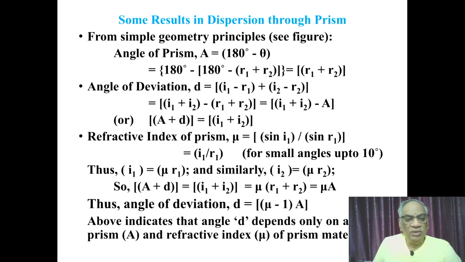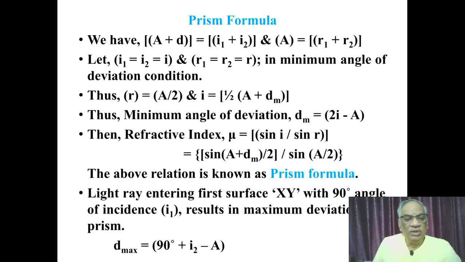Again R1 plus R2 is A, so it is equal to mu A. Thus angle of deviation D is equal to (mu minus 1) times A. So this suggests that angle of deviation D depends only on the angle of prism and the refractive index of the material.